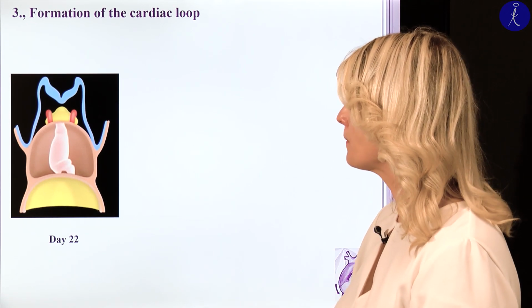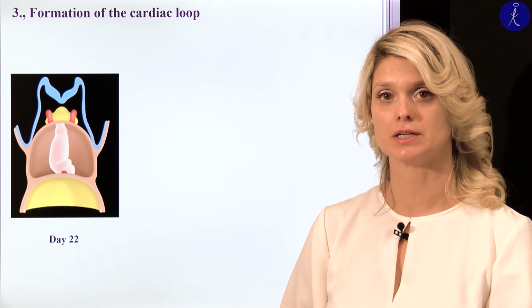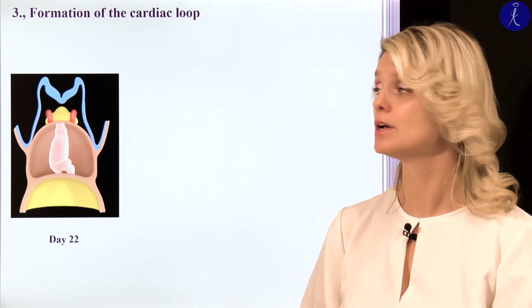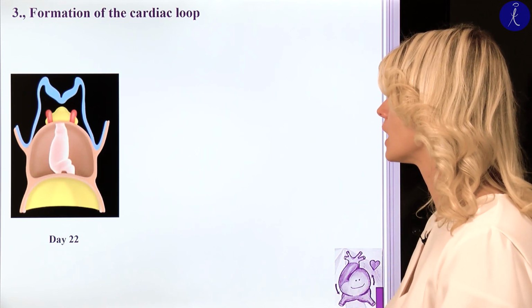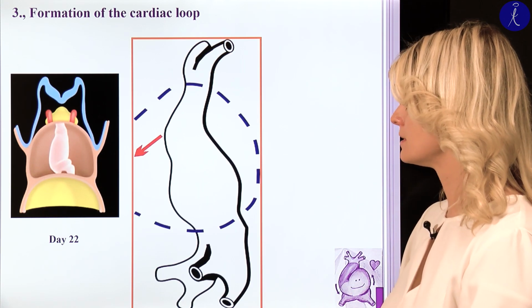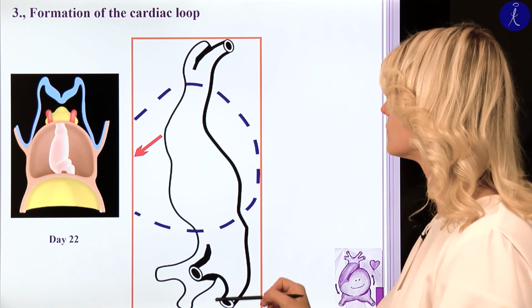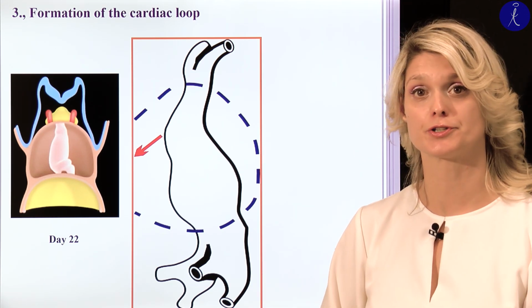Here you can see the first part. I would like to tell you the main parts of the primitive heart tube. If we see this position on day 22, this is the form of the primitive heart tube.